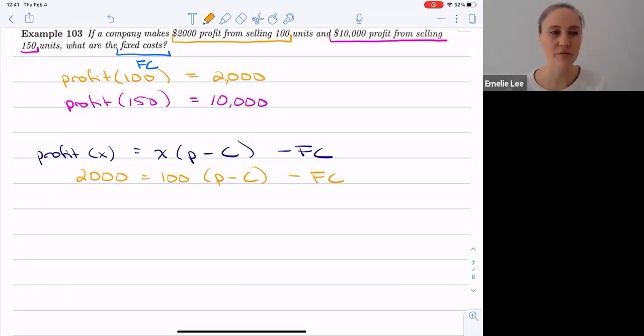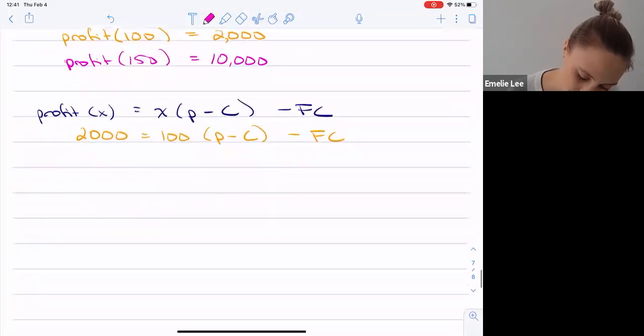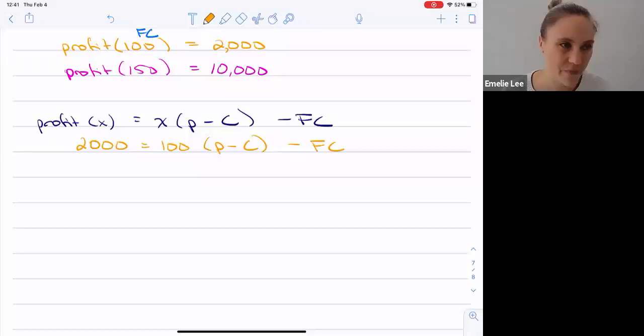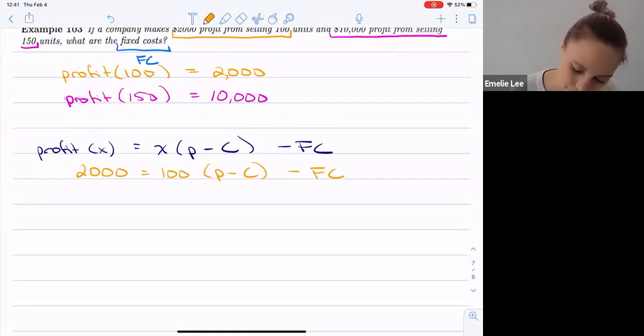Save us a little bit of explaining. Then maybe orange wasn't a good color to pick, but I'm sticking with it now.